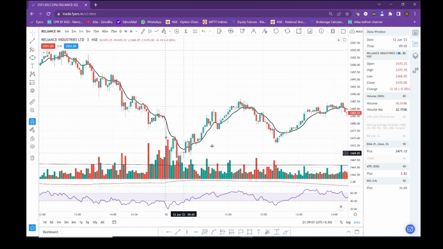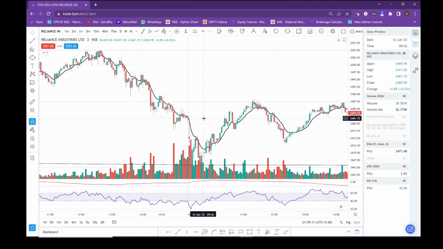But again, if you have high risk appetite, you can measure the risk to reward ratio until your support and resistance levels, and you can trade this one. But as a beginner, try to avoid this kind of trades where you see some trading activity on the left side.